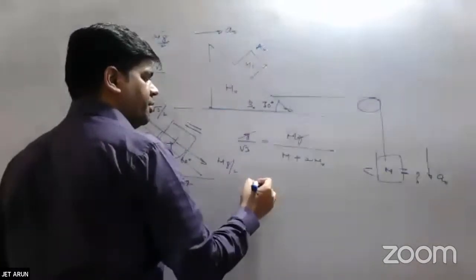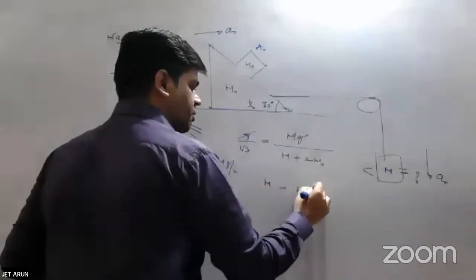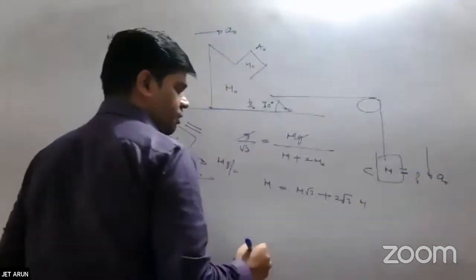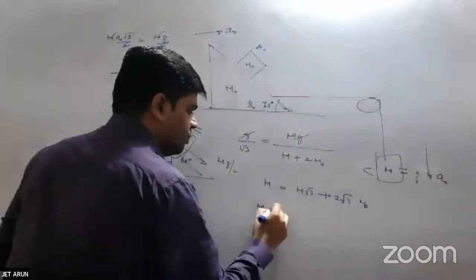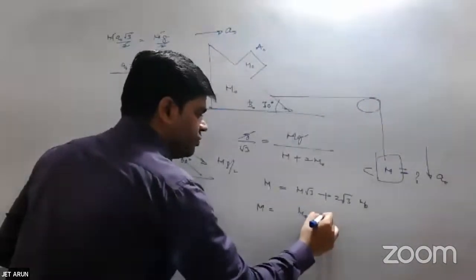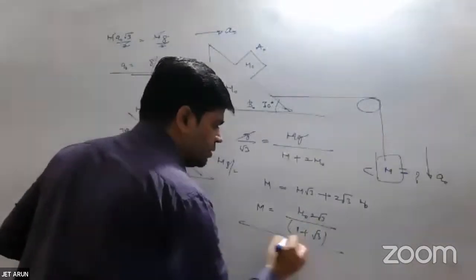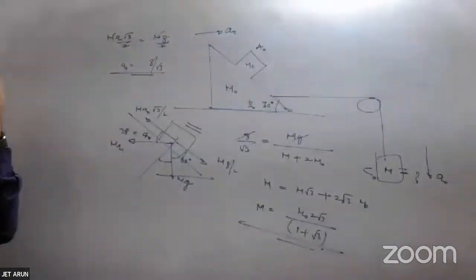So g gets cancelled out. I'll have m equal to m naught root 3 plus 2 root 3 m naught. So m is equal to m naught into 2 root 3 by 1 plus root 3, which is the mass of C such that they move together.